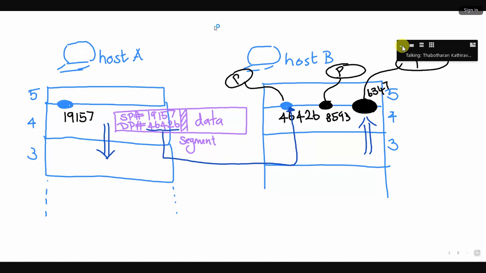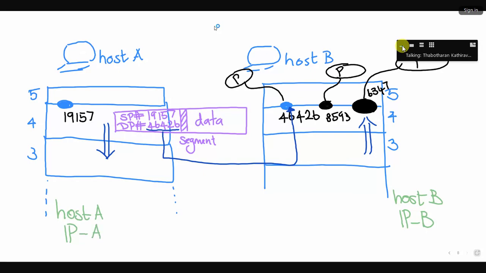In addition to that, we also just saw in our previous discussion hosts. This is host B, so the IP address of B is also there. Similarly, this is host A, so the IP address of A is also there.